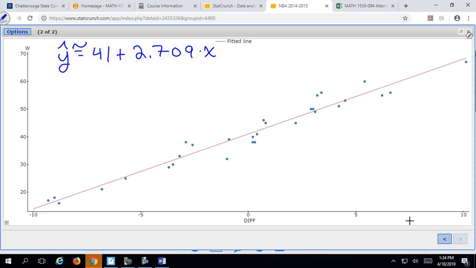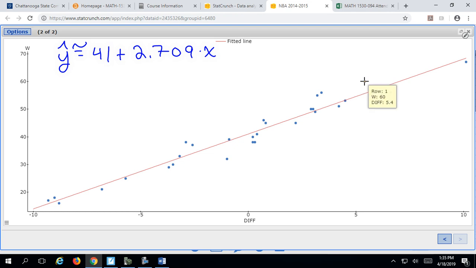Let's look at this point here. What is that? Should be able to click on it and tell me. It doesn't tell me. I have to click on it here. This is actually the first team. This is the Atlanta Hawks.